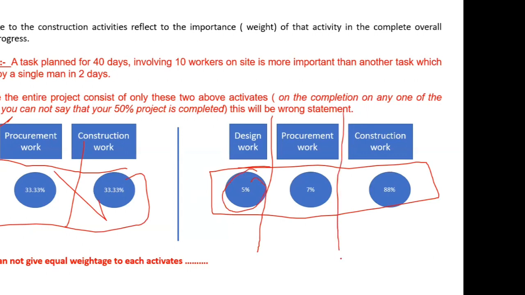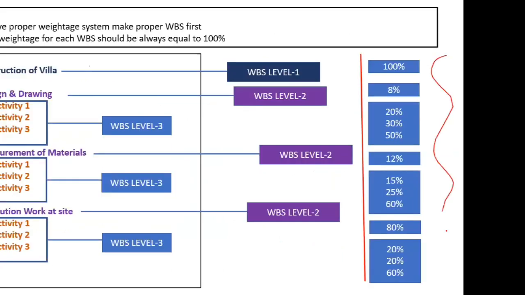Again, when you have done the procurement work, you can say now I have achieved 7% more progress. So overall progress is 12%. Right? So all these things come with the help of weightages. And this is how the weightages are derived for each and every level, for WBS, for activities. Right? You'll not be able to understand these things right now, but definitely we'll discuss them. Okay.